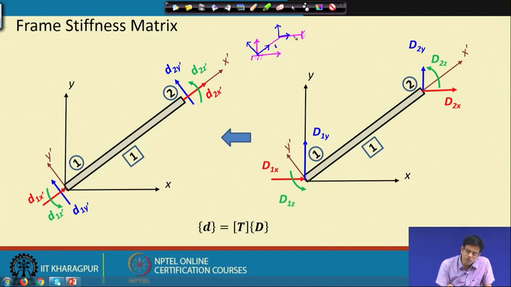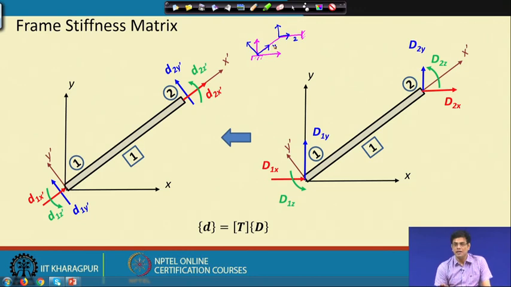This is element 1 and this is element 2. Now for this case, the local axis and the global axis for element 2 match exactly, because the orientation is the same, but for element 1 it is not. That is why we need to transfer this.